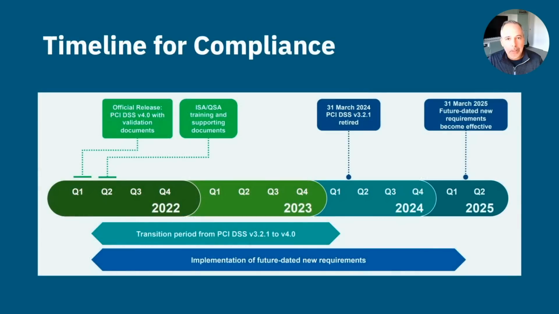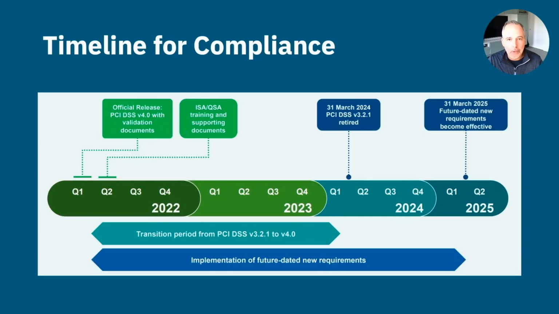Let's look at what the compliance timeline looks like for 4.0 real quick. The 4.0 standard was published in Q1 and Q2 of 2022. And as of Q2 2022, organizations could begin certifying against the 4.0 standard. That's the beginning of the transition period that you see here on the timeline.